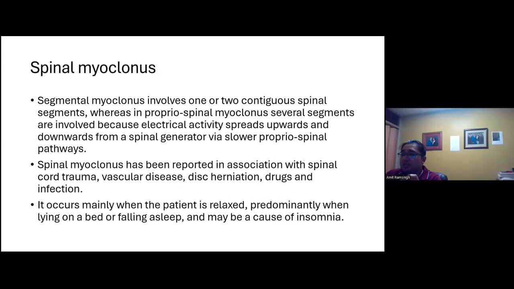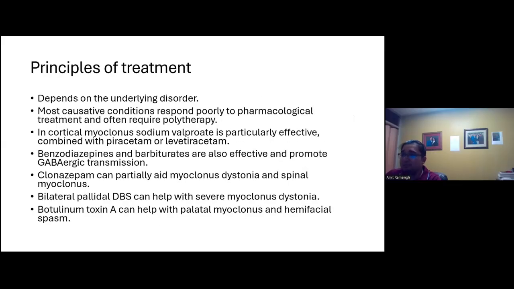Spinal myoclonus has been reported in association with spinal cord trauma or vascular disease, disc herniations, or infection. It usually occurs when the patient is relaxed and predominantly when lying in bed or falling asleep, and it could cause insomnia in that it's usually disabling.